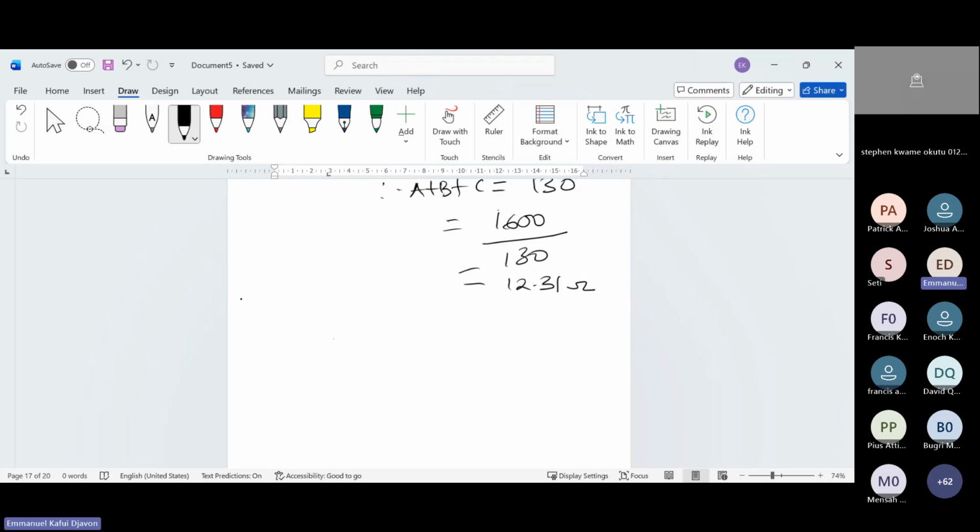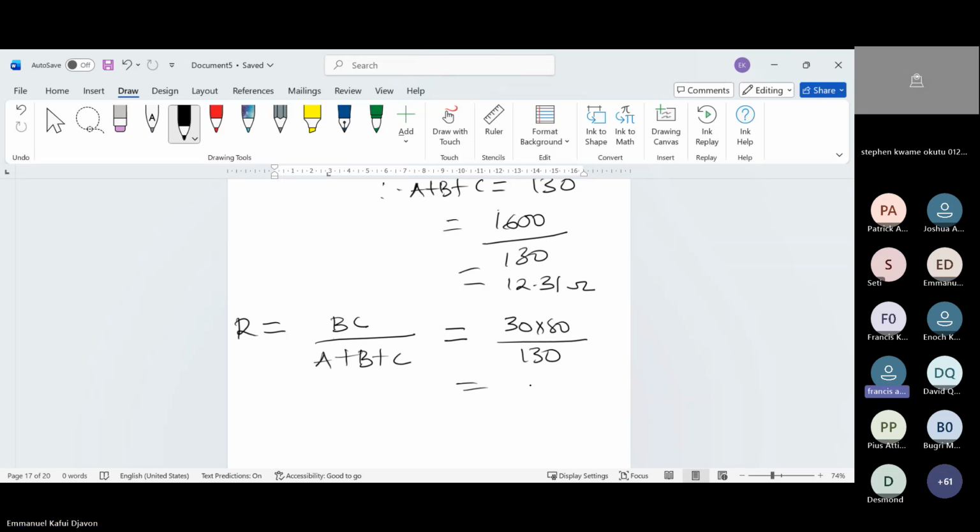Now, R will be equal to BC all over A plus B plus C. 30 times 80 all over 130.